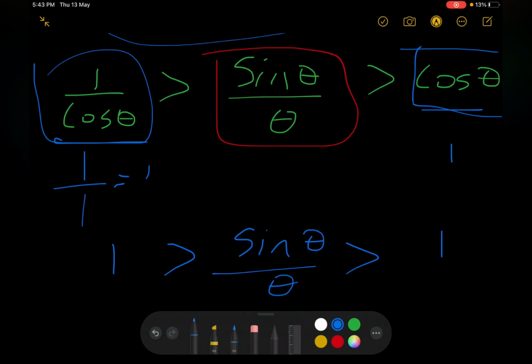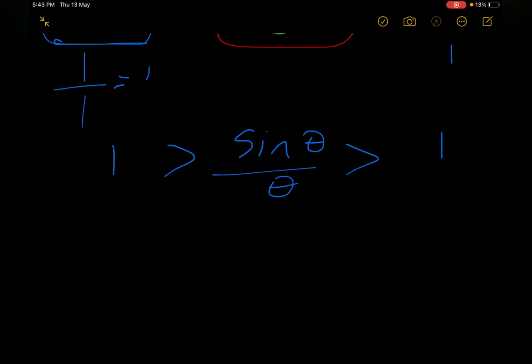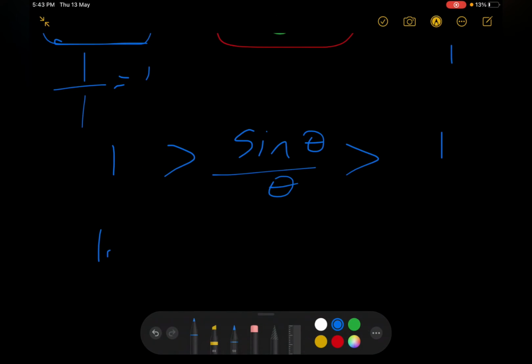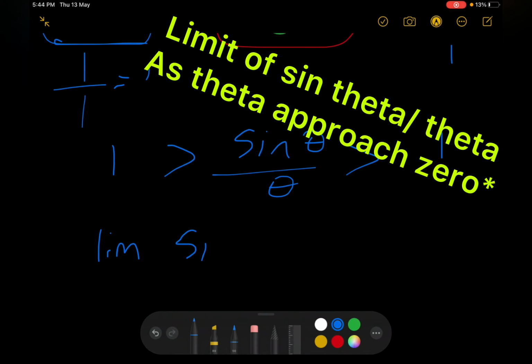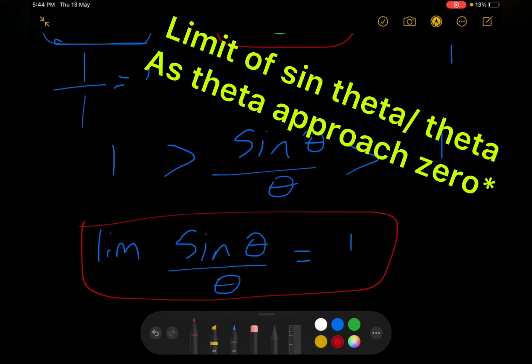That simply leads to say that the limit of sine theta over theta equals 1, and this is based on squeeze theorem.